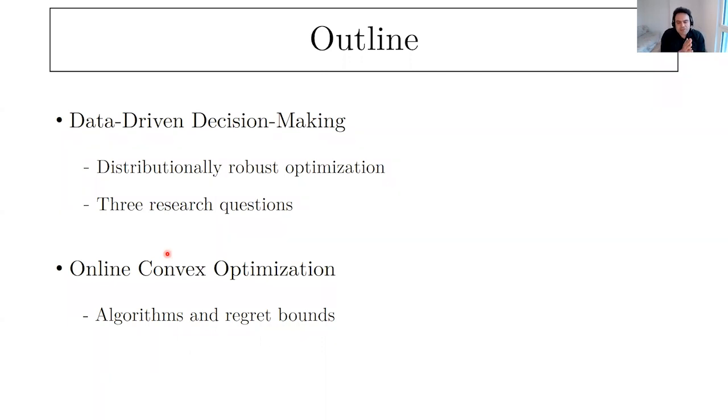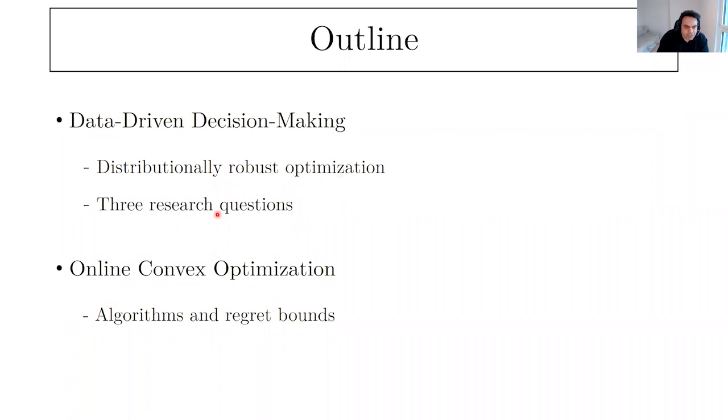So my talk has two parts. The first part is a broad overview, a personal view that I got over the last 5-6 years about the topic of data-driven decision making and several different communities that are working on it. I particularly talk about a modeling framework known as distributionally robust optimization, primarily developed in the operations research community.